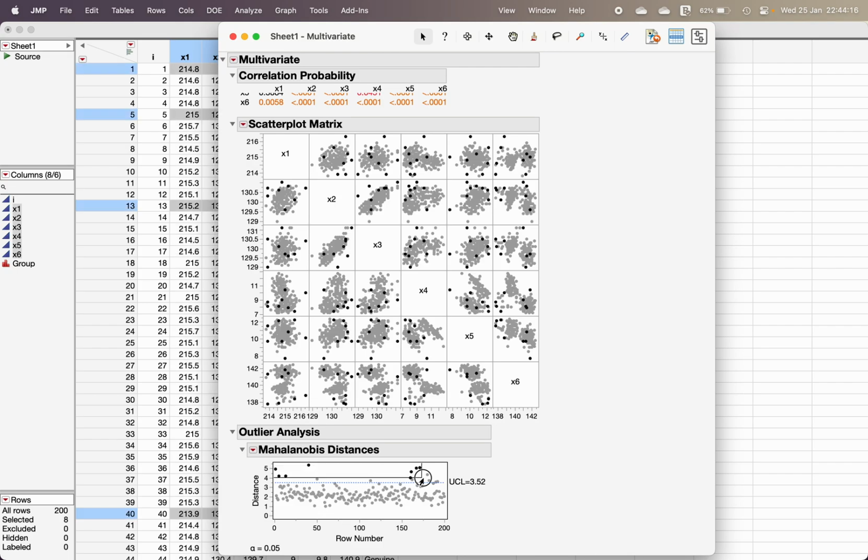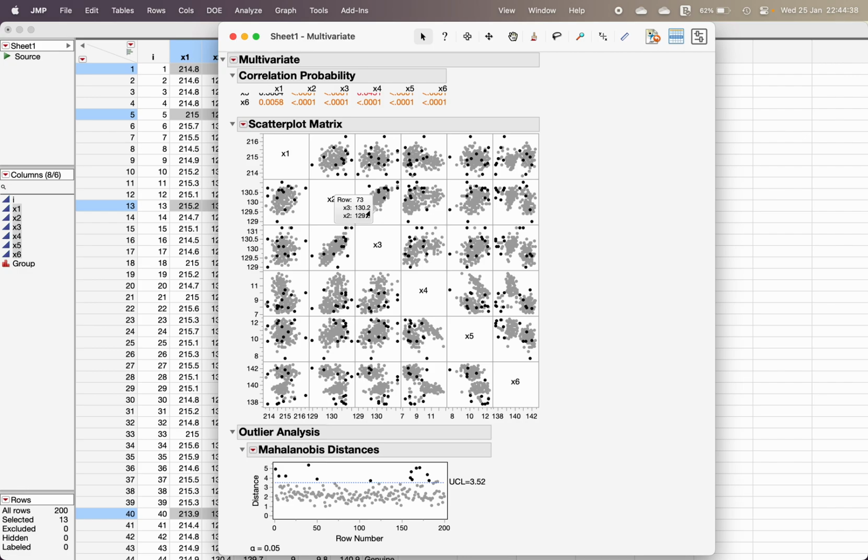Now suppose you want to remove the outliers. You select all the data points which are above the UCL. If some of the points just lie on the UCL, we can consider them as non-outliers, but all the data points above the UCL, I've selected and consider as outliers.